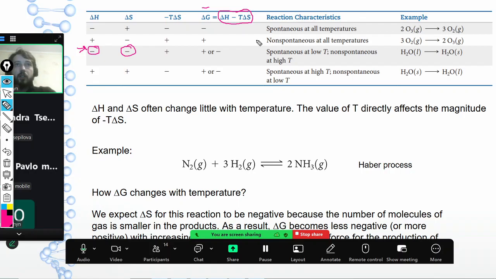Is the reaction spontaneous in the forward direction or not? So delta G less than 0. What does it mean?